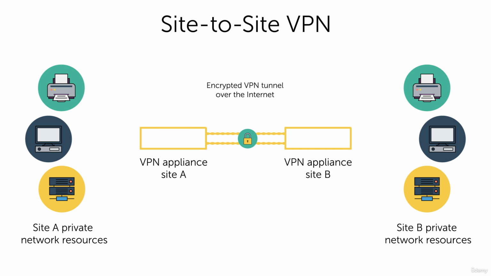But what's interesting is that client devices on either Site A or Site B's network, they don't individually need VPN client software. Instead, through the magic of routing, when they go to access a resource on the other side of the VPN, through routing table configurations, that will automatically happen. So we don't need VPN client software configurations in a site-to-site VPN environment.